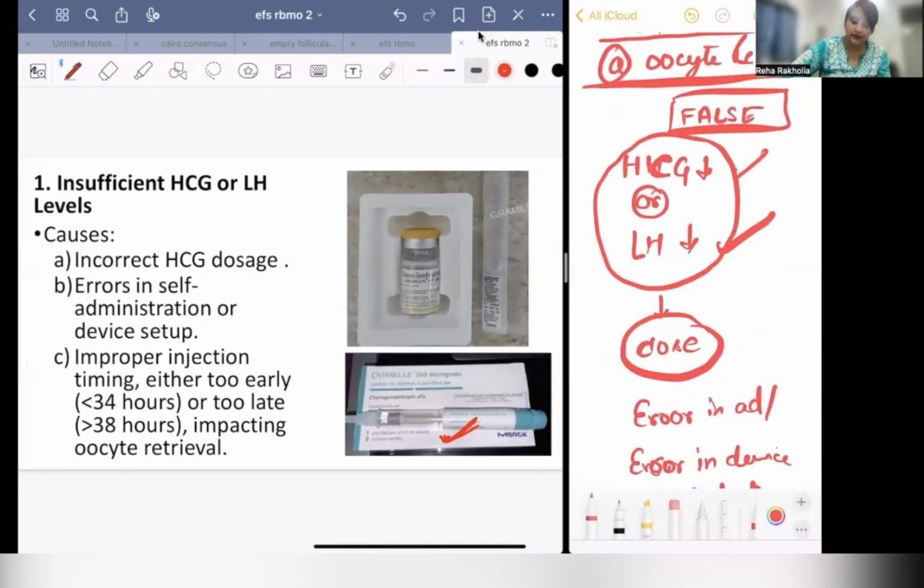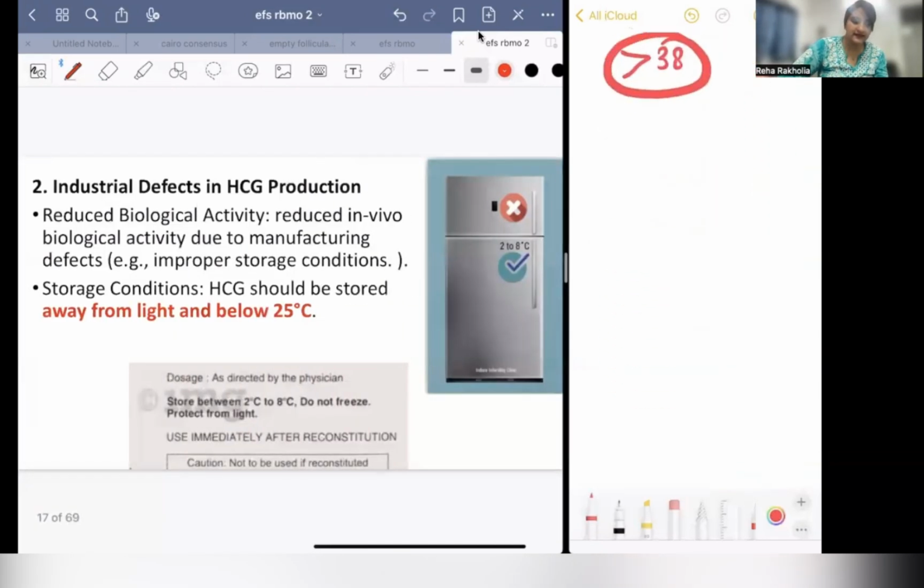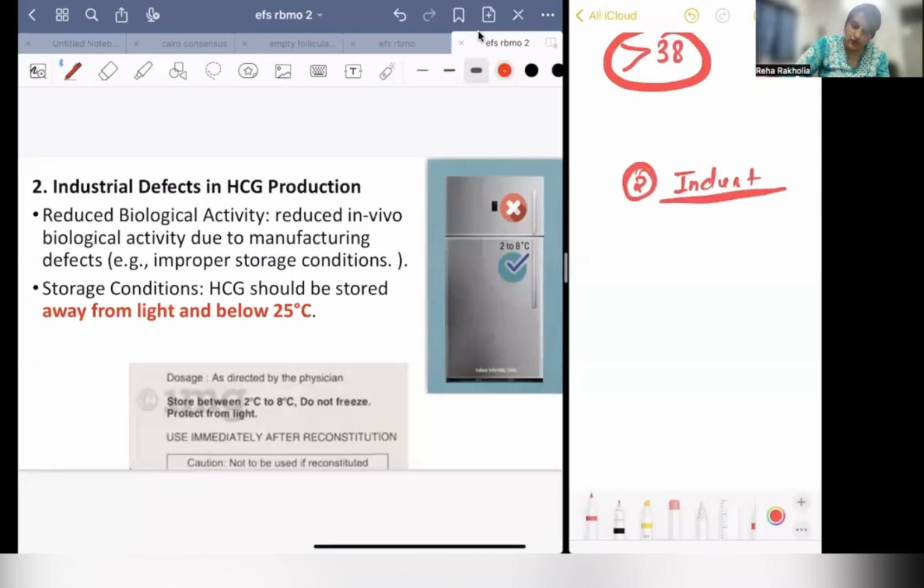Now second is industrial defect. HCG should be stored at 2 to 8 degrees Celsius. It's written, no? Stored between 2 to 8 degrees Celsius.